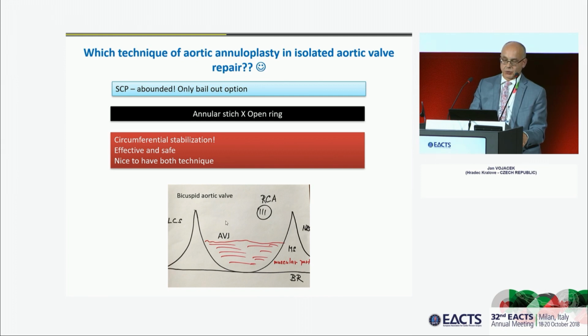I made this drawing by myself, and as you can see, this is the right coronary sinus, this is the origin of the right coronary artery, this is the basal ring, and at this level, the aortoventricular junction is always a few millimeters above the basal ring. And in this case, it's difficult to go from the outside, and in this scenario, I'd rather put the stitch from the inside, and then I'm sure that I do the annuloplasty in a proper position.